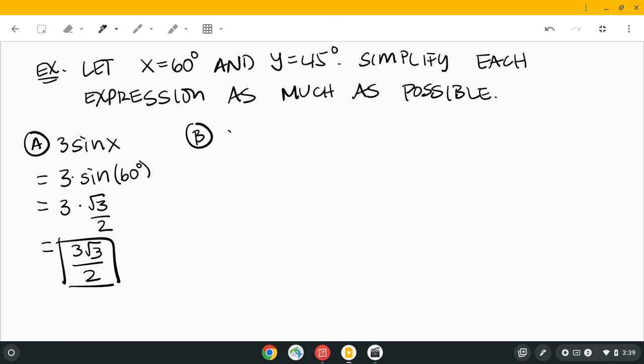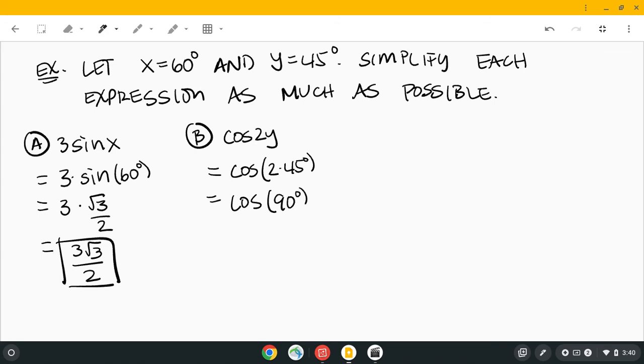Letter B, cosine of 2y. So that's cosine of 2 times y, which is 45 degrees. So that's cosine of 90 degrees.